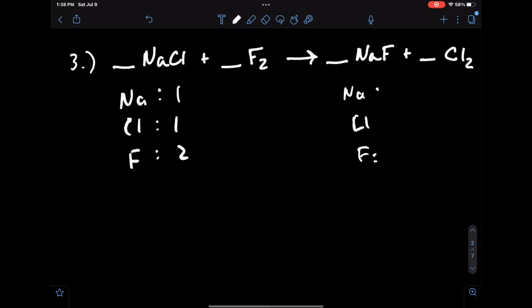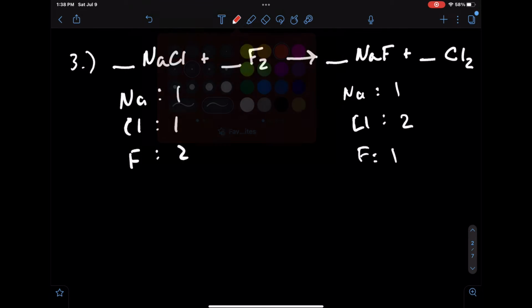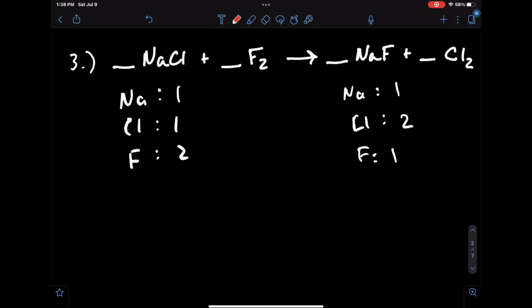And on the right, we have 1 sodium, 1 fluorine, and 2 chlorines. To start this off, we're going to balance out the chlorine first. We'll add a 2 right there, and this will stay 1 for right now.